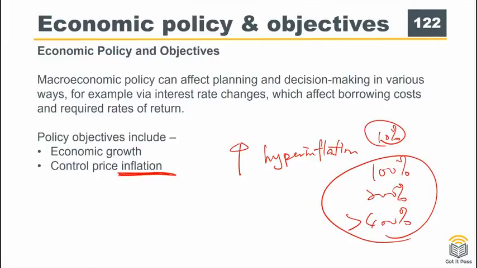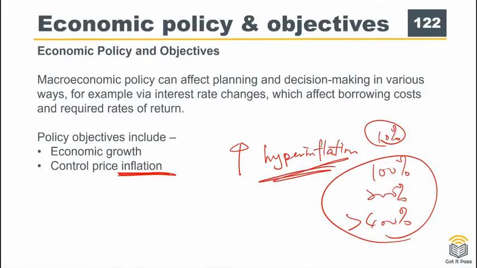Otherwise, the citizens of the country will be very angry because they cannot keep cash. Once they keep cash, maybe just 2 or 3 months later, the value of the cash has depreciated a lot. They cannot buy the same quantity of things as compared to 2 or 3 months ago. So controlling price inflation is very important for some countries facing hyperinflation.